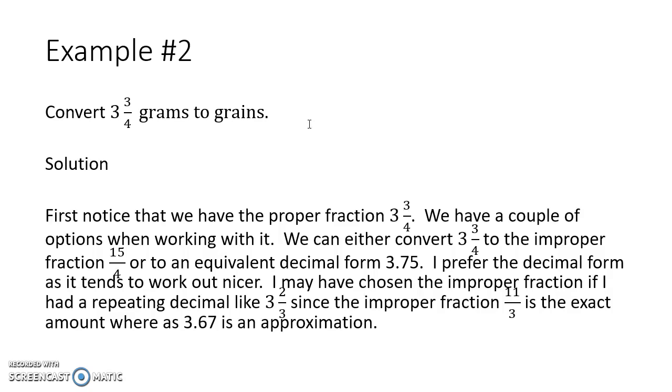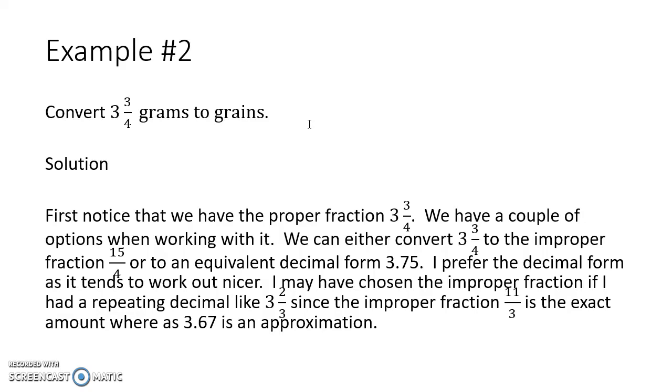Or we can convert this to a decimal, in which case all I do is take the 3 divided by 4 in my calculator. It gives me a 0.75, so I change it to 3.75. Now I like to work with decimals, just because they're a little bit easier when you're multiplying and dividing with the fractions.